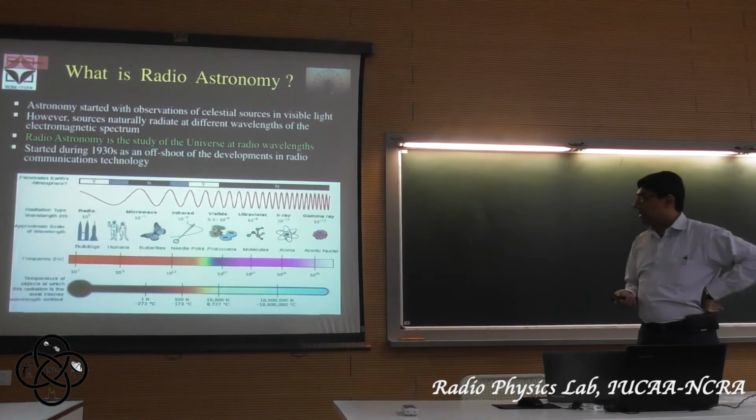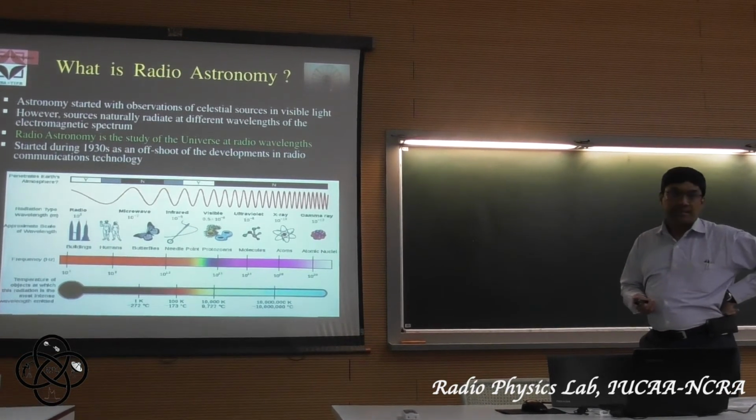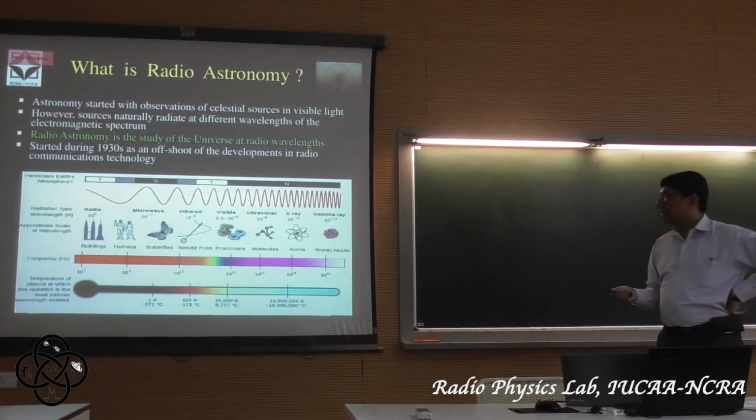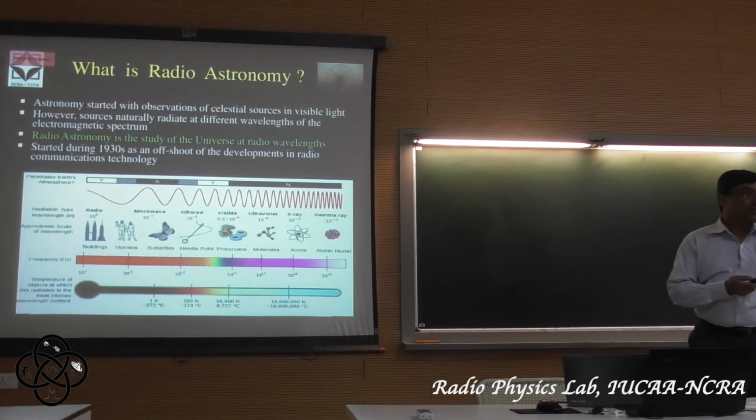And the fact that objects in the universe can and do emit at all of these ranges of frequencies was realized relatively late, after many decades, if not centuries, of just optical astronomy.